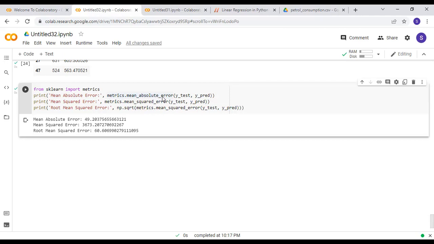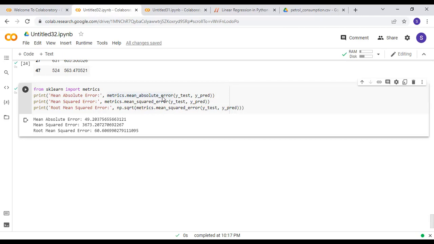Root mean square is basically the square root of the mean square value. The absolute error is the deviation between the actual value and the predicted value, taking the summation of the whole thing with respect to the modulus.